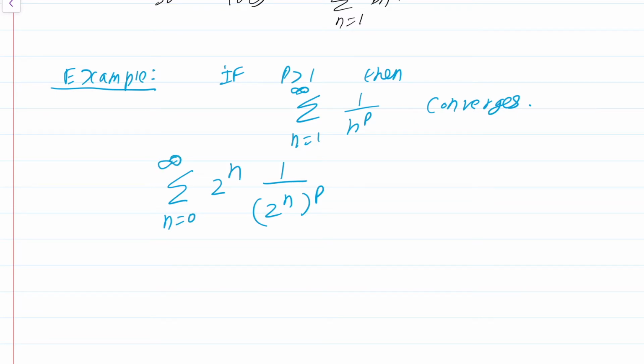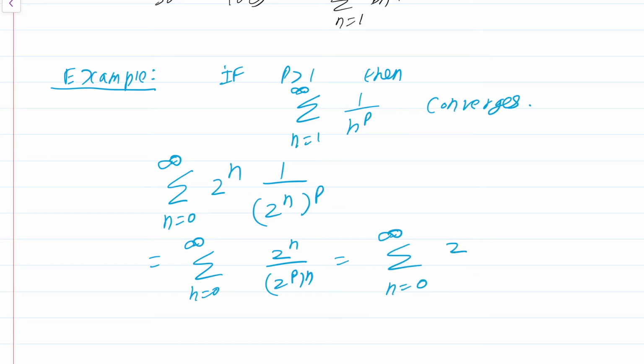Now why is this helpful? Well, you can just pull this little trick. This is nothing but summation n equals 0 to infinity 2 power n by 2 power p power n, which is nothing but summation n equals 0 to infinity of 2 by 2 power p, all to the power n.